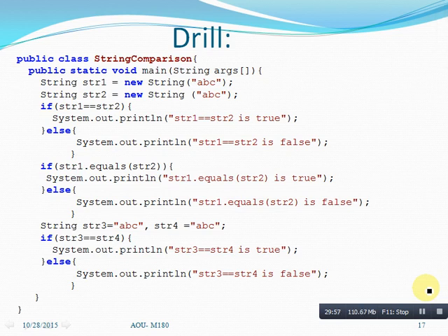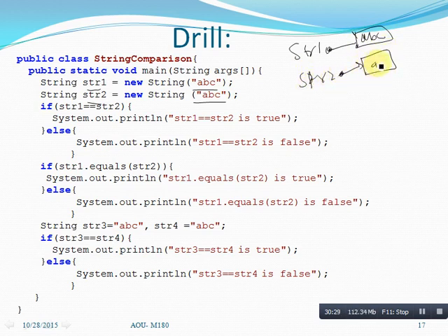This is another example to compare two strings and check the output after comparisons. You have two strings, str1 which is abc, and str2 abc. Now str1 is referring to a different memory where the value is abc, and str2 is referring to another memory where the value is abc.